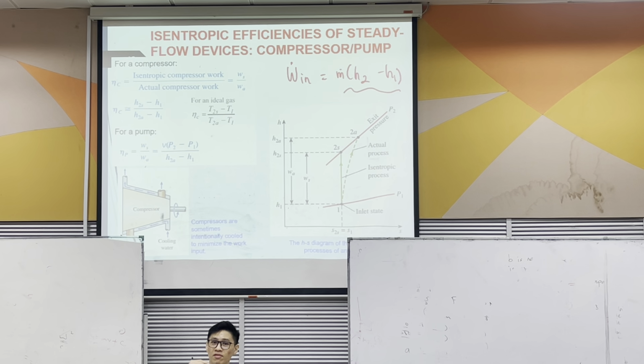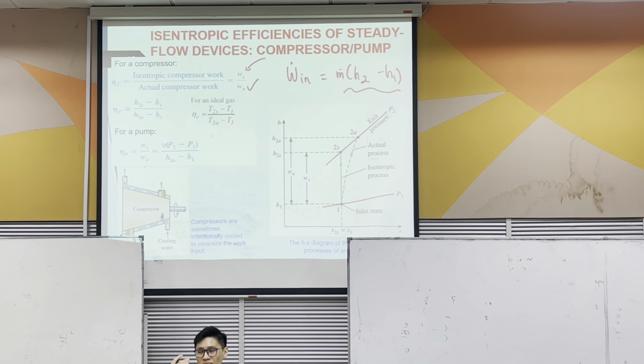The ideal one, you need this much work. The actual would be more work, which is why, since we are still dealing with efficiency, we always want this value to be less than 1. So for the compressor work, the actual work is at the bottom, while the isentropic work is at the top. So these two, you need to be a bit careful.